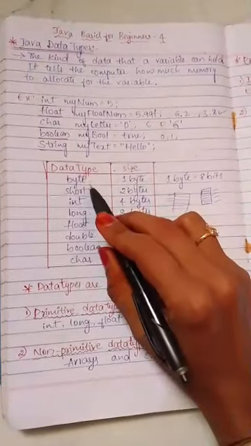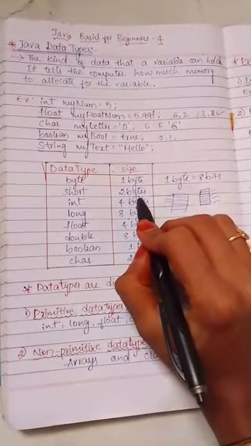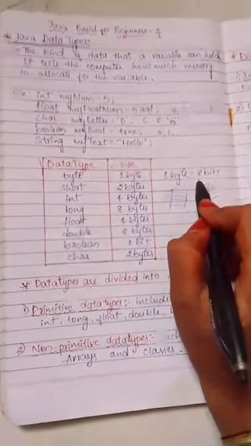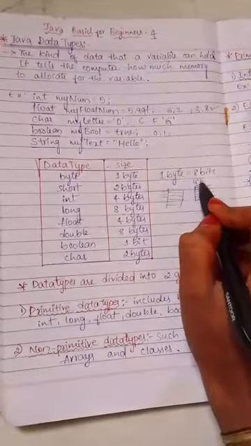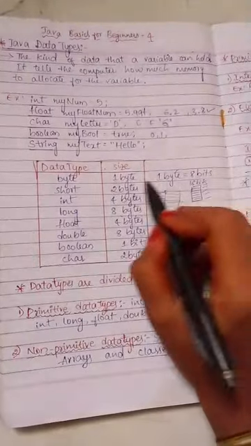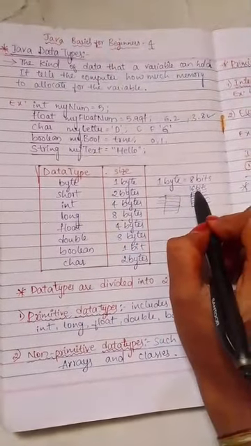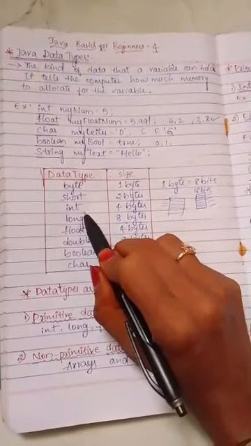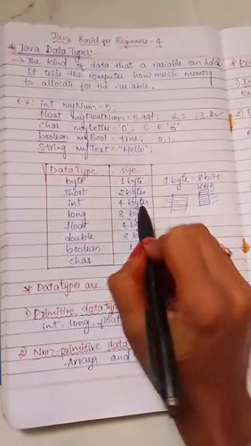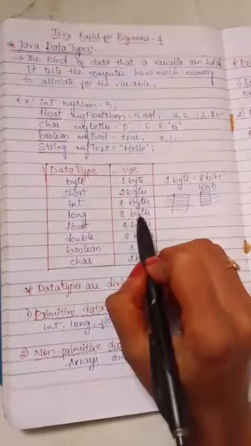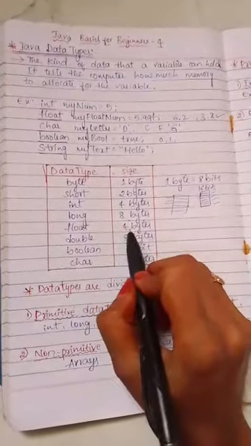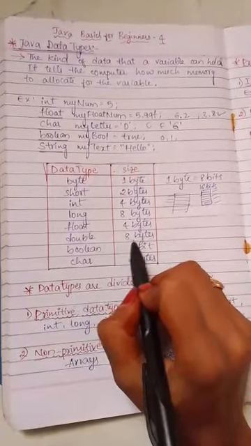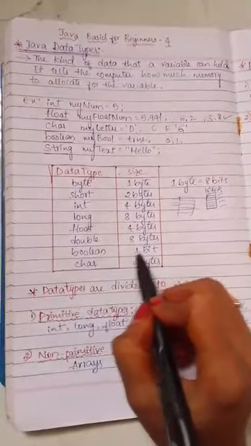That is byte. Short means 2 bytes. 2 bytes means 16 bits. Like that, we have to convert into bits. Again, integer means 4 bytes. Long here 8 bytes. Float 4 bytes. Double 8 bytes. Boolean 1 bit.